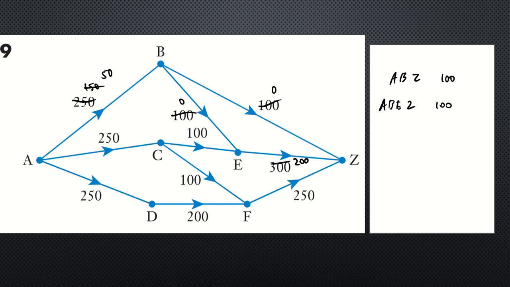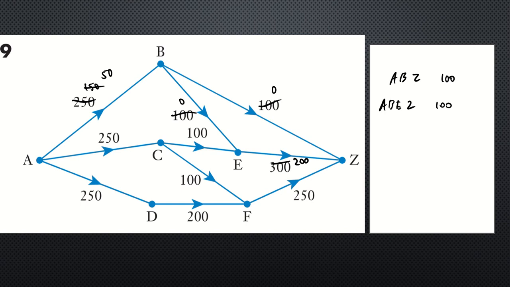Now, let's just pause here for a second before we go to the next route. If we go A to B, we've got 50 units available, but from here we can't use any more flow through those two paths. So we're really restricted in this top section, and that's okay. There's going to be leftover.